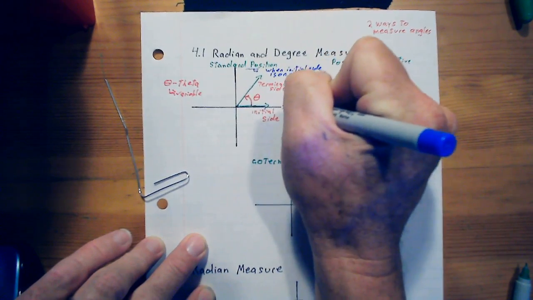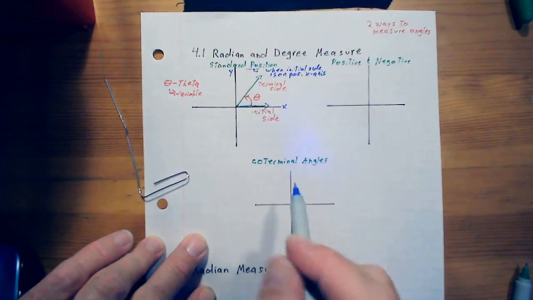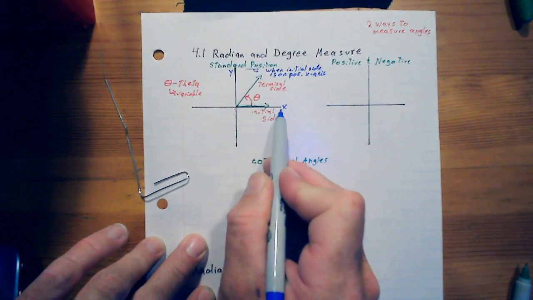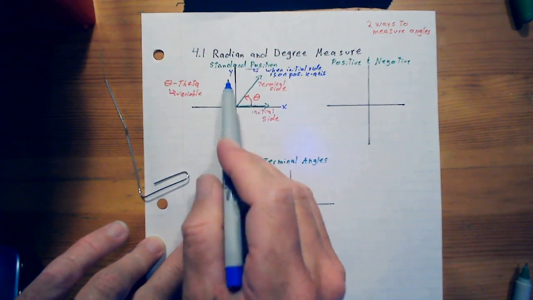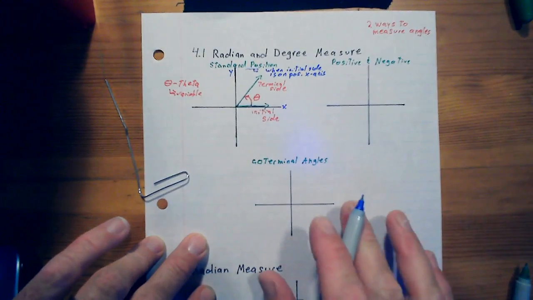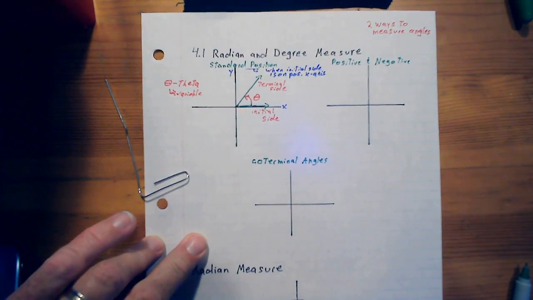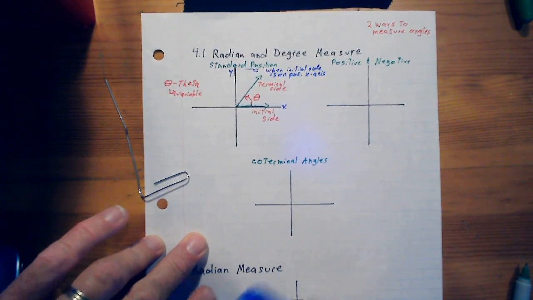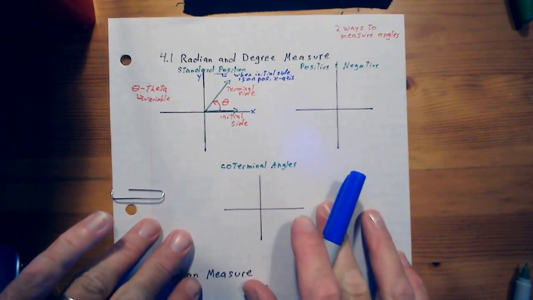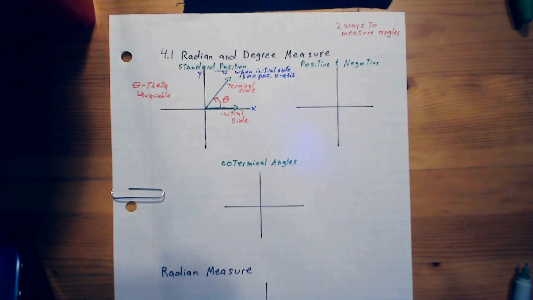All right, there's the x-axis, here's the y-axis. When the initial side is laying down flat on the positive x-axis, that is standard position, and almost all the angles we deal with are going to be in standard position. Now, as far as positive and negative goes, this is the direction that it can swing.